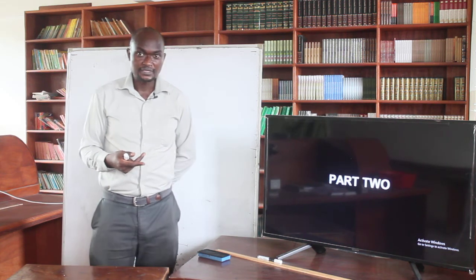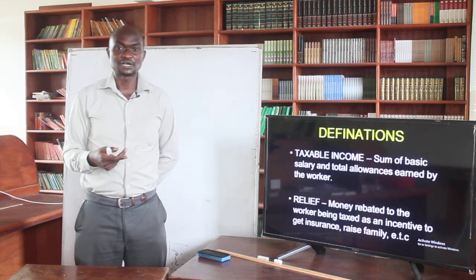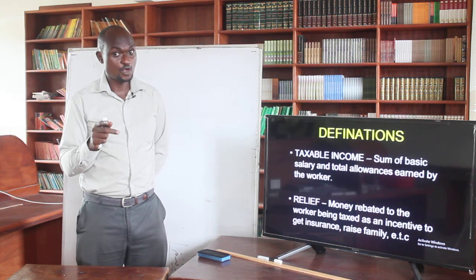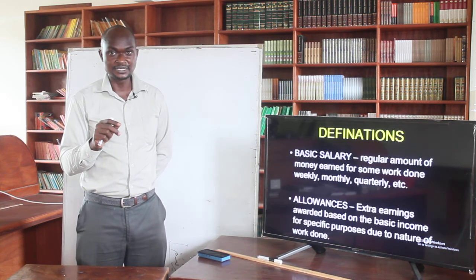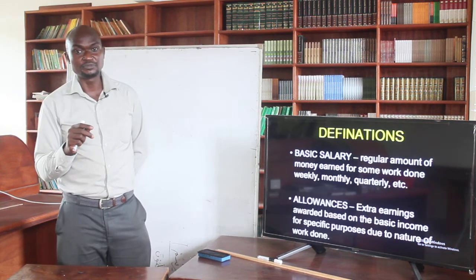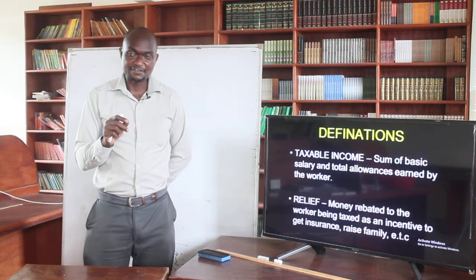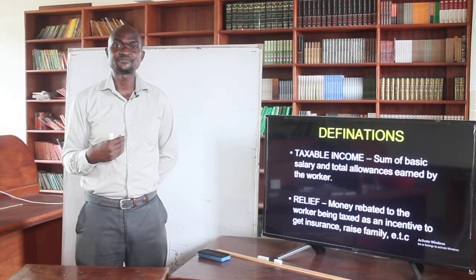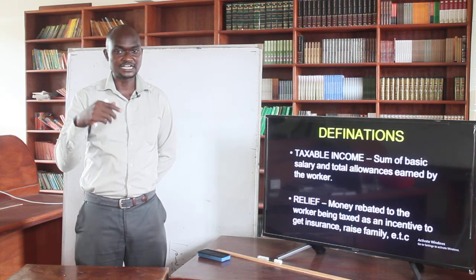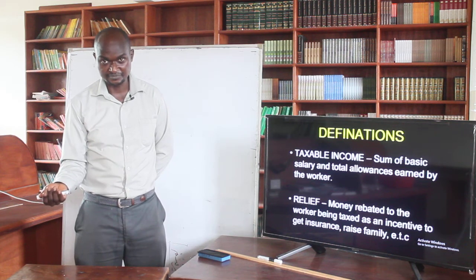So that's what we have covered in the first part. In the first part, we have talked about what we mean by the following terms. We have talked about relief, money given back to the person who is working to achieve a specific function.